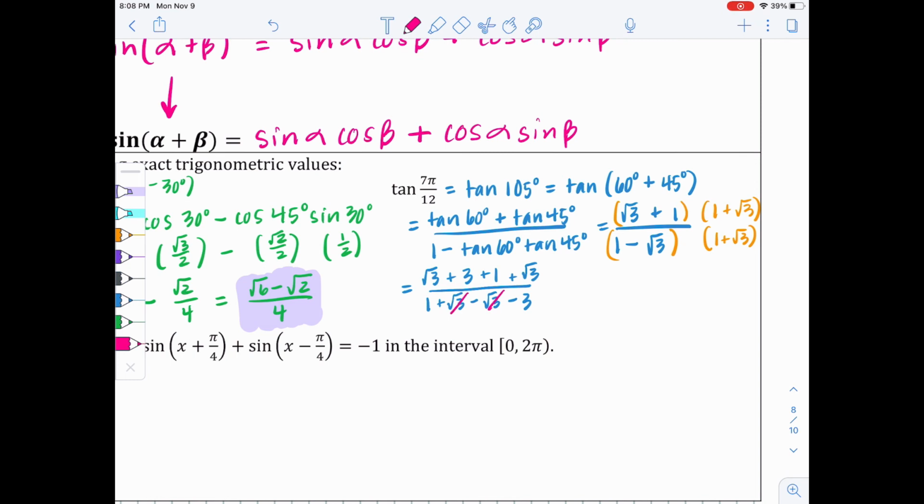So in cleaning that up, I'm going to combine my like terms in the numerator. I'd be left with 4 plus 2 radical 3's, and in my denominator, that would be negative 2. I can simplify that one more step by taking a negative 2 out of everything, and so my final answer would be negative 2 minus radical 3. That's the exact value for the tangent of 7 pi over 12.